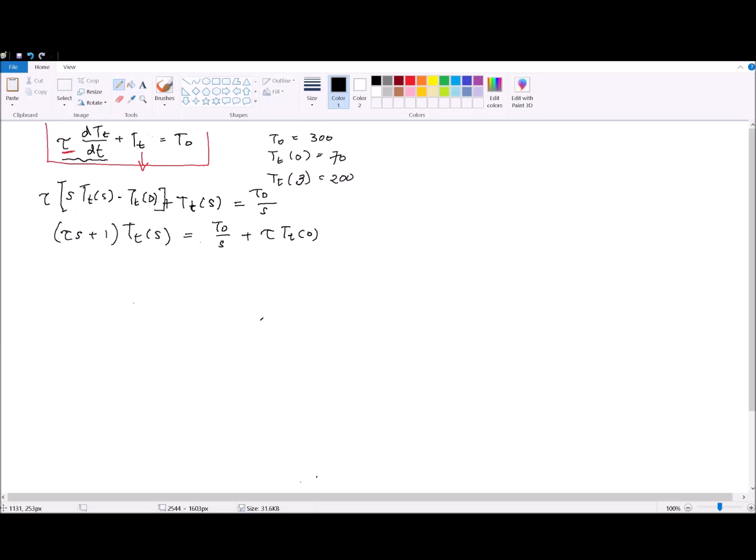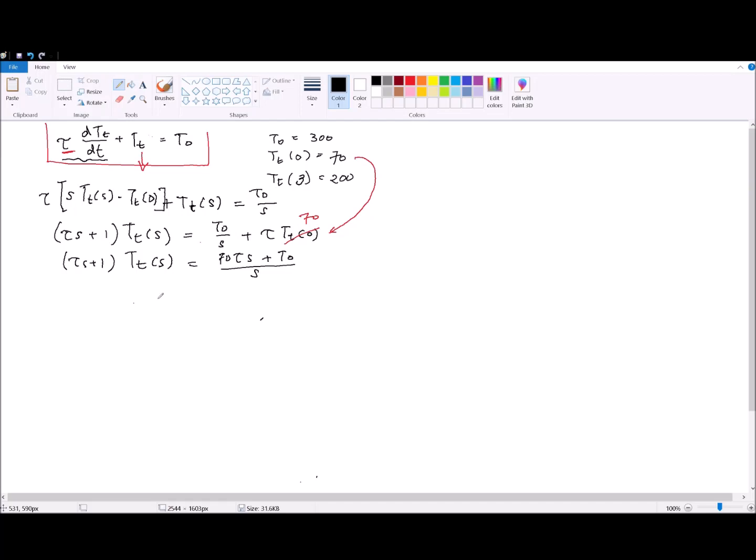And we know from here that T sub t when time is equal to 0 is equal to 70. So I can rewrite this equation now to become tau s plus 1 times T of s equal to, manipulating it mathematically, 70 tau s plus T naught over s, right?